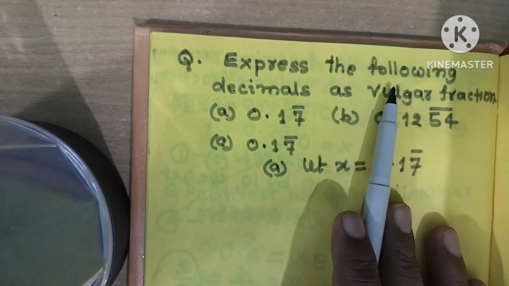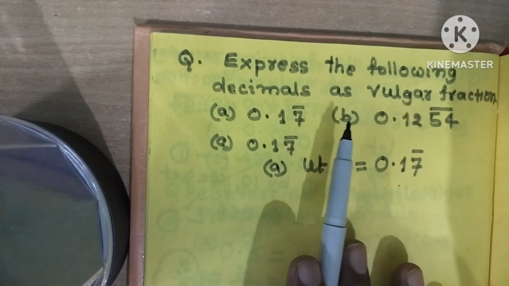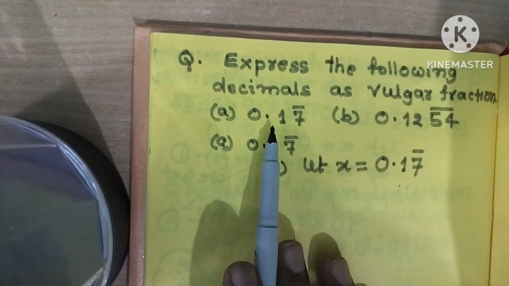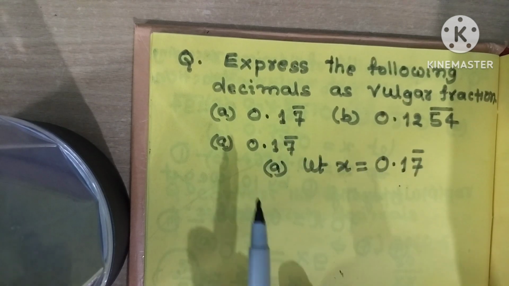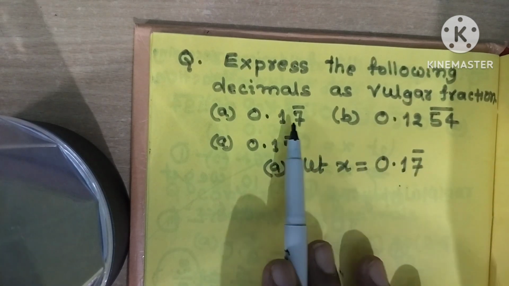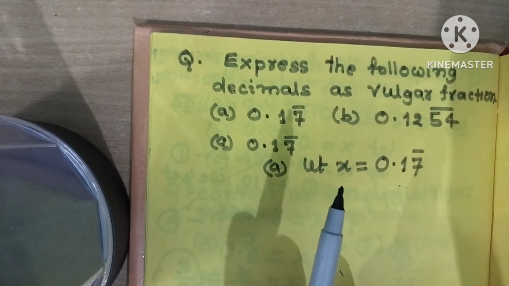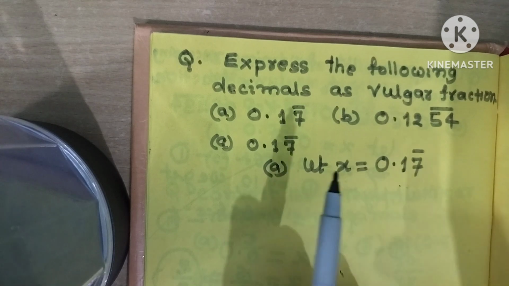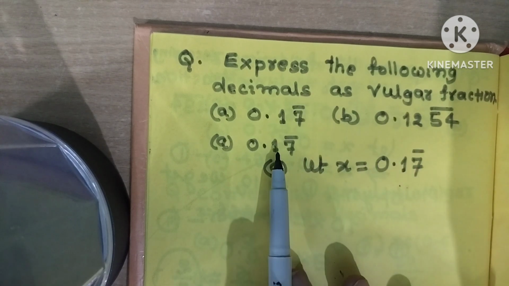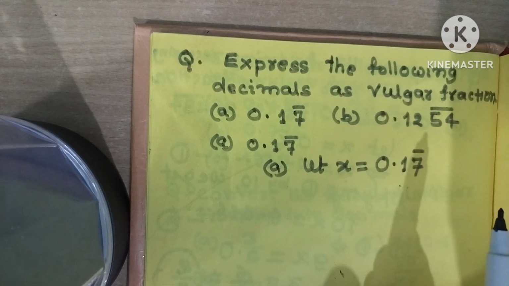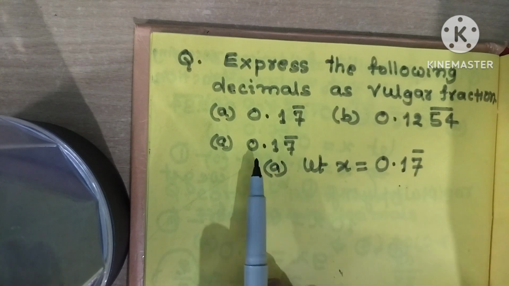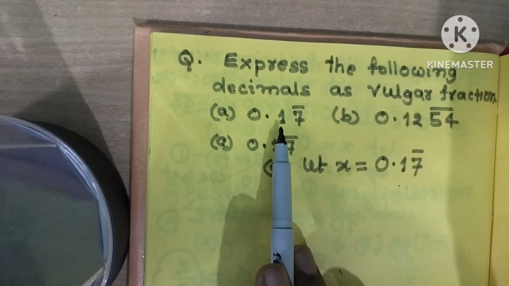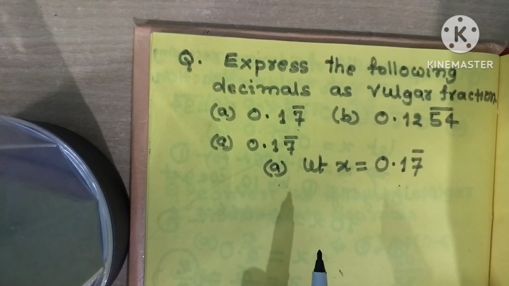Express the following decimals as vulgar fractions. Here are some examples given, and these are decimals or decimal numbers. We have to change these decimals to vulgar fraction. Let us take one example. A, that is 0.17 bar.